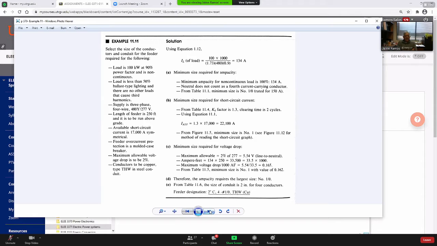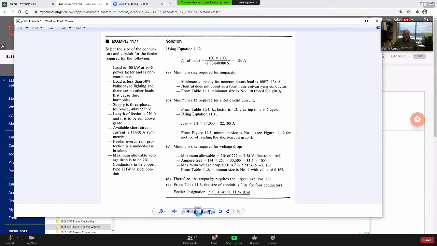So note 5 and note 6 are for testing short circuit current. Seven, maximum allowed voltage drop is to be 2%. Eight, conductors are copper THW in a steel conduit.